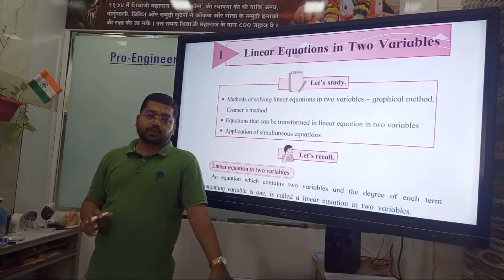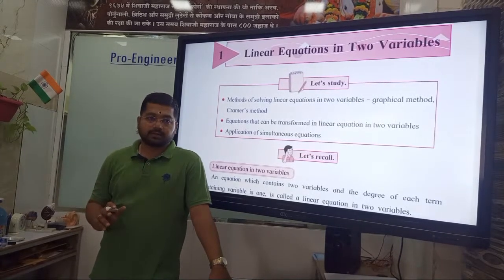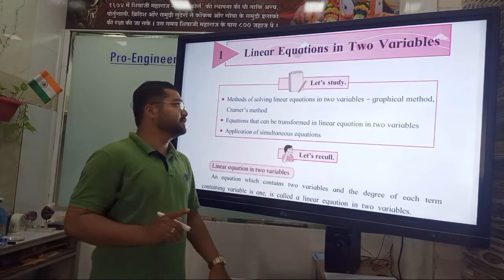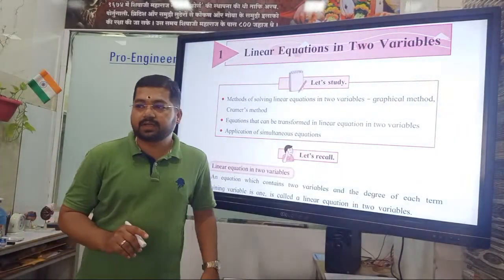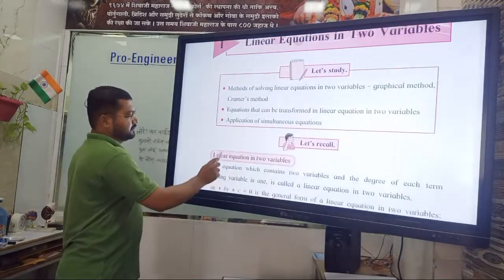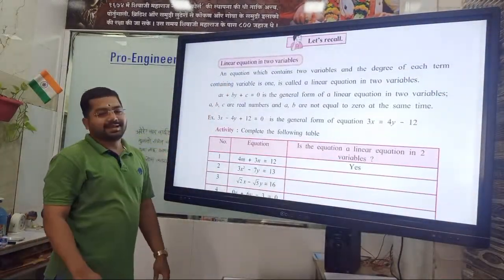Today we are going to learn mathematics part 1, and in that the first lesson is linear equation in two variables. So let us start with this. What is a linear equation?